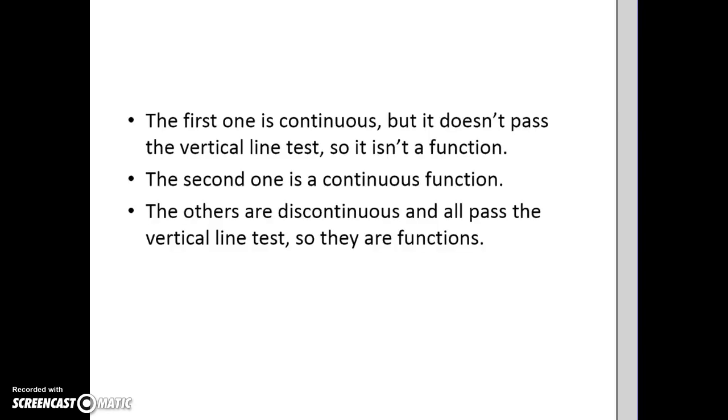The first one is continuous, but it doesn't pass the vertical line test, so it isn't a function. The second one is a continuous function. The others are discontinuous and all pass the vertical line test, so they are functions.